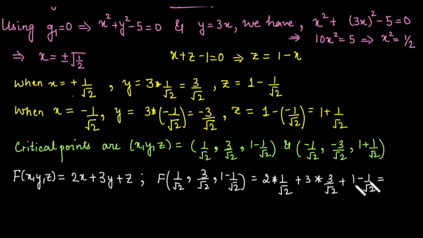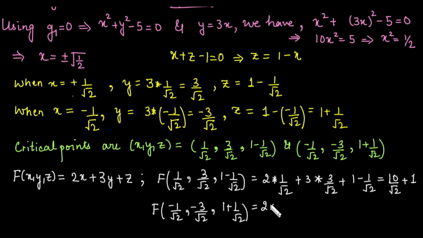This is equal to 10 by root 2 plus 1. Similarly, calculate the function value at the second critical point, that is 2 times of x, that is minus 1 by root 2 plus 3 times of minus 3 by root 2 plus 1 plus 1 by root 2. In this case, the function value is equal to 10 by root 2 with a negative sign plus 1.